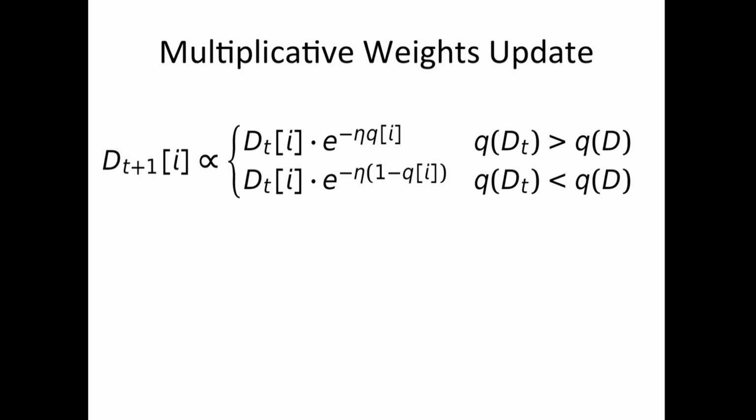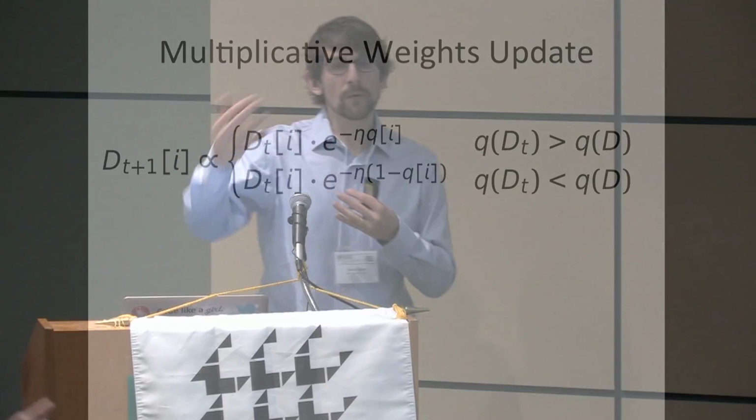So how do we correct that? If the answer was too large, intuitively, we have too much weight on the coordinates of the histogram where the query is 1. Okay, so remember the query is a 0, 1 vector in the histogram space. So if our approximate answer is too large, it really means that we have too much weight on the positive coordinates of the query.